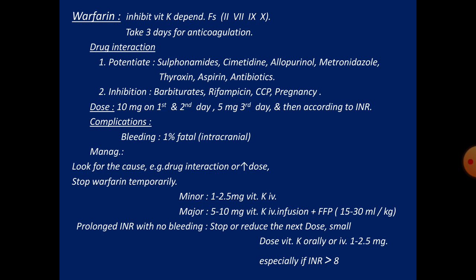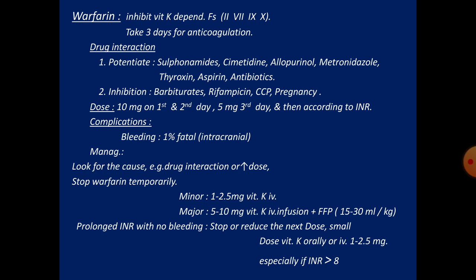So how do we manage a patient presenting with warfarin-related bleeding? We need to look for the underlying cause, whether the INR is increased because of a drug interaction, or sometimes the patient has voluntarily increased the dose of warfarin. The first thing we do is stop warfarin temporarily.